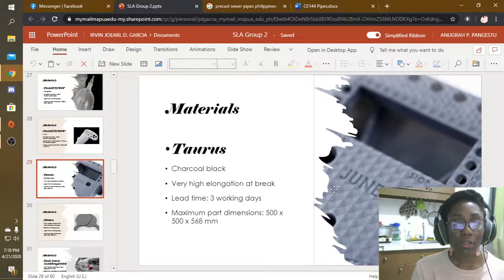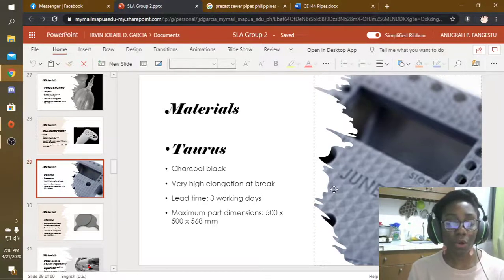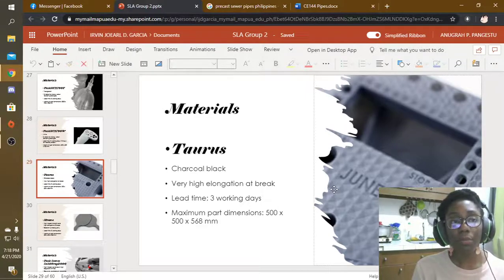You can just draw it in a computer, then put the G code in the SLA, and then you can just print them and then just replace the part. So that is a very good material you can use in the SLA to make prototypes.